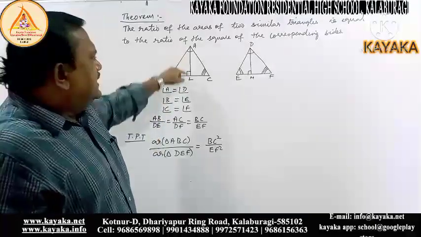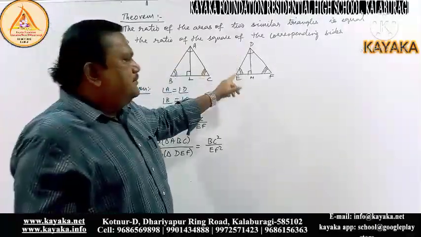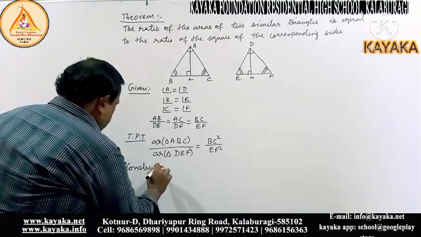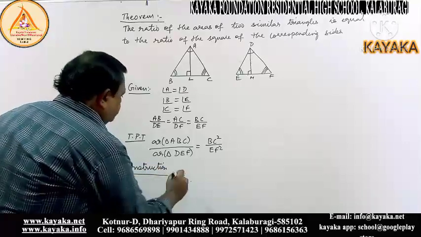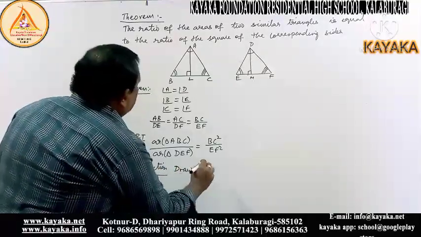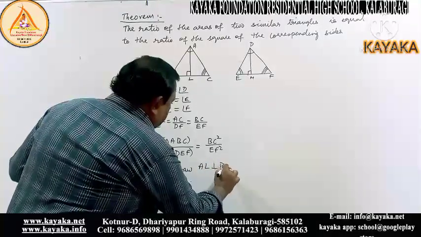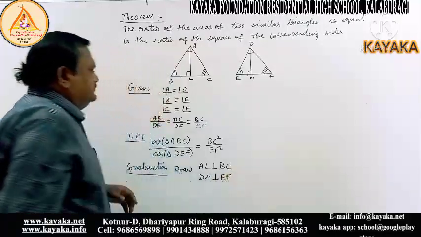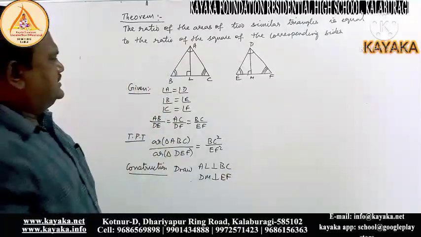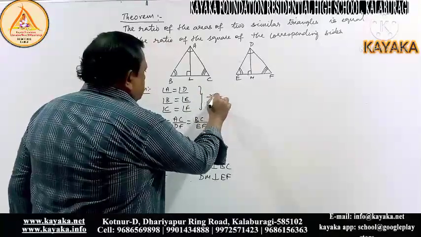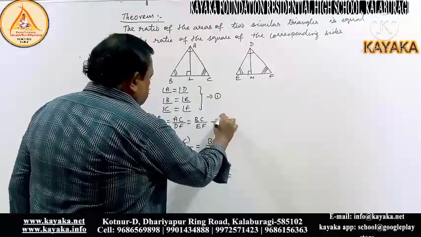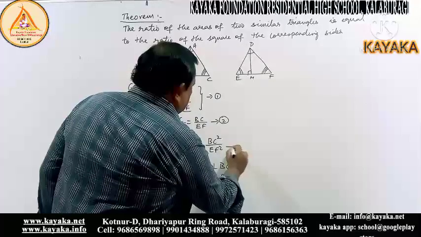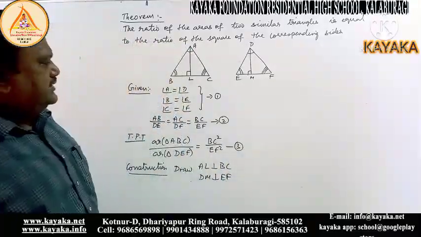Draw AL perpendicular to BC and DM perpendicular to EF. Okay, you can mark this, dear children, as 1, this as 2, and this as 3.